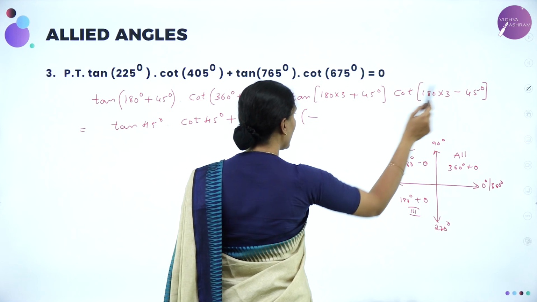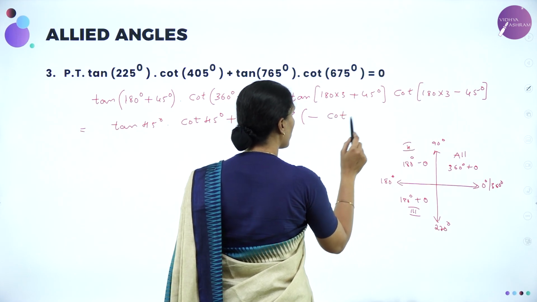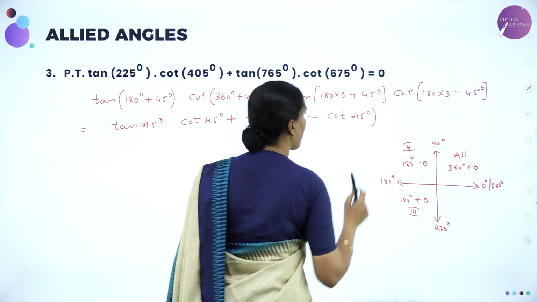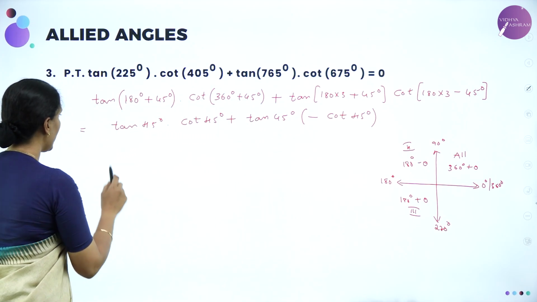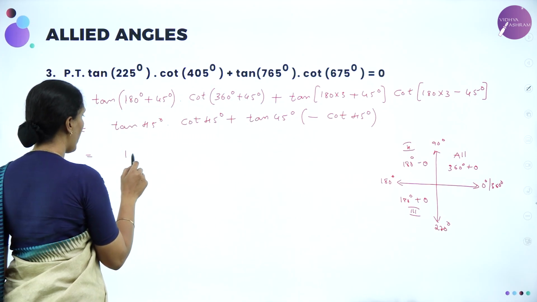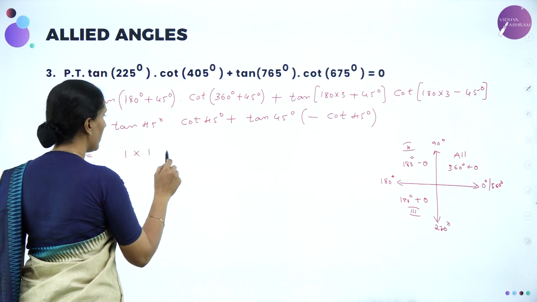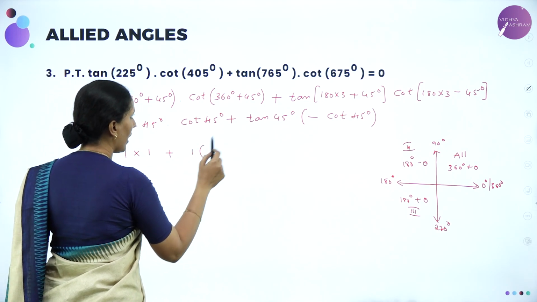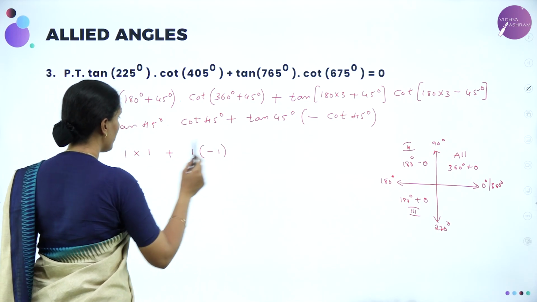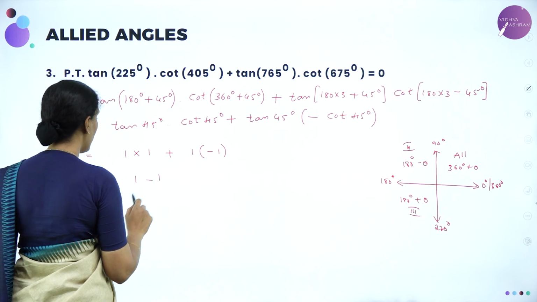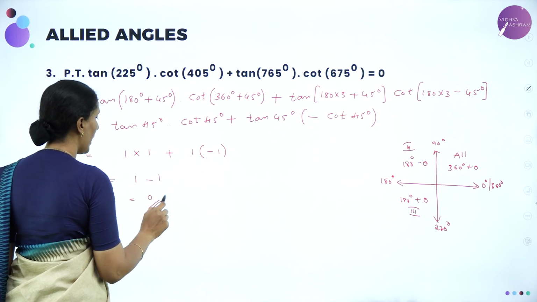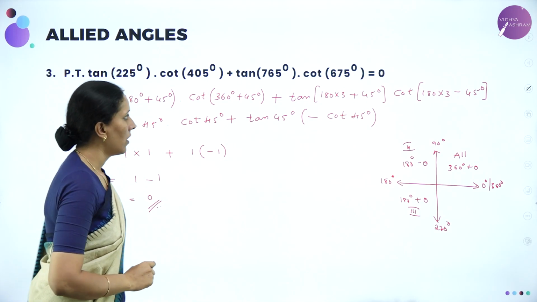So cot minus theta can be written as minus cot 45 degree. Now let us evaluate this. Tan 45 is 1, cot 45 is 1, tan 45 is 1, and cot 45 is 1 with minus. So 1 minus 1 is equal to 0. Hence, proved. Next question.